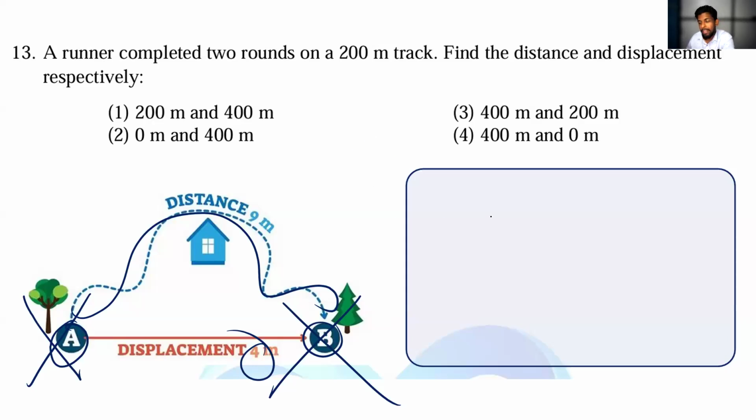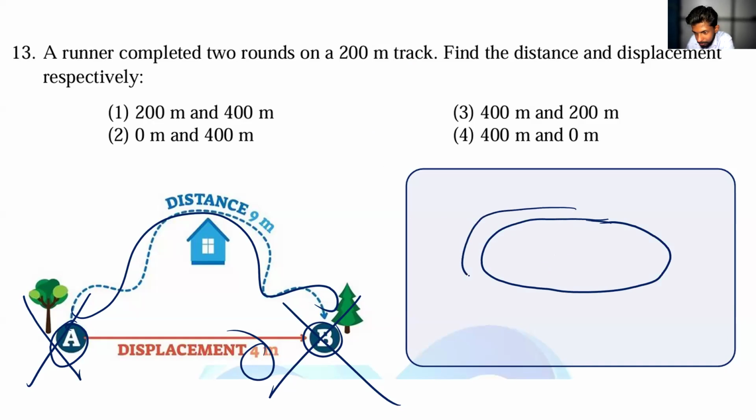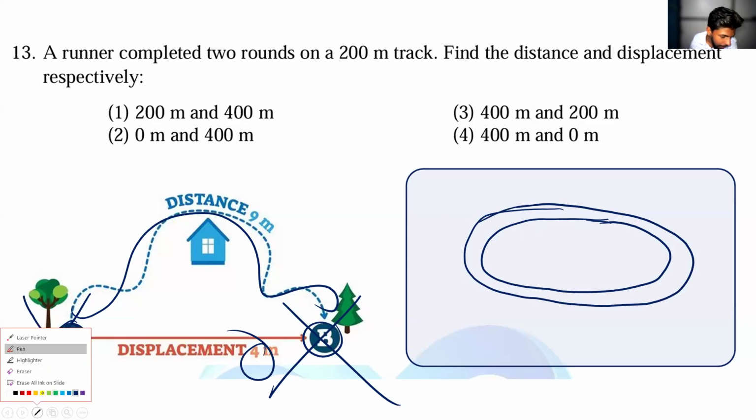We'll discuss. Okay. Here the runner completed 2 rounds on a 200-meter track. We'll draw the track. I will be using 2 color pens for the starting point and the ending point.